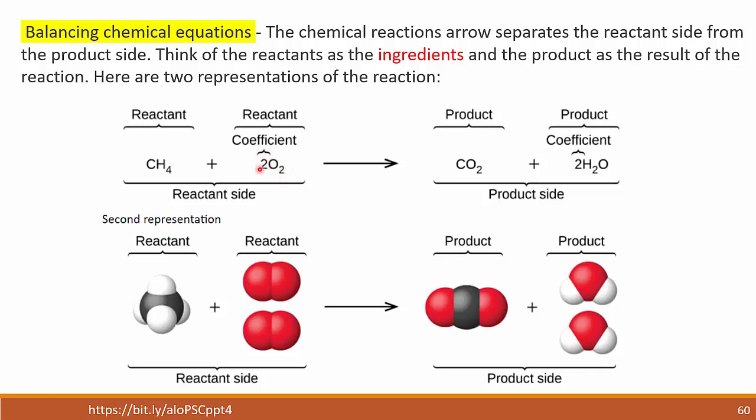So the number preceding it is what we call a coefficient, and it tells us how many of these molecules we have. In this case, we have 2. When we don't have a number, we have just 1. 1 carbon dioxide, but 2 molecules of water.